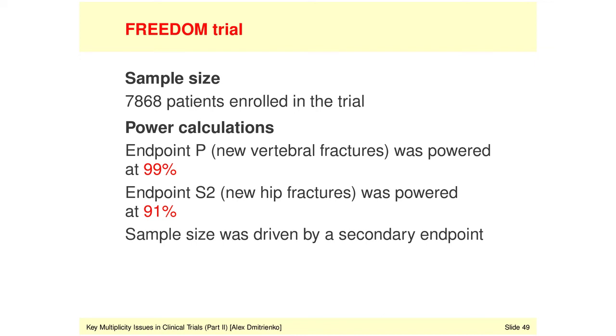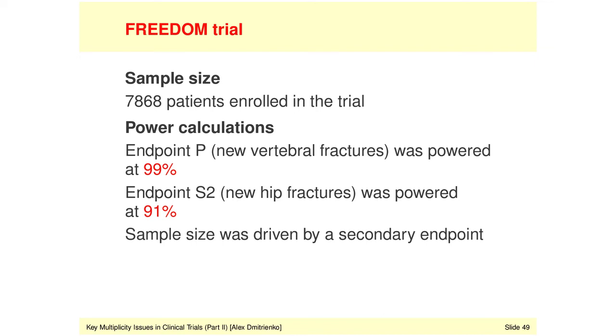The sample size, which was almost 7,900 women enrolled in this trial, was driven not by the primary endpoint. The primary test was clearly overpowered. It was powered at around 99%. The sample size in this trial was selected to ensure a high power on the hip fracture endpoint, which was S2. The resulting level of power for the secondary endpoint was close to 90%.